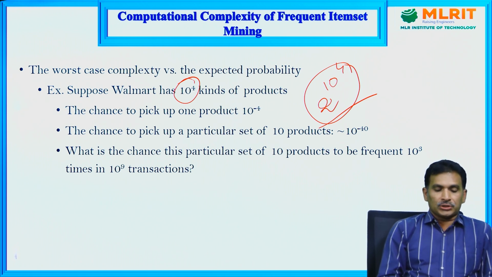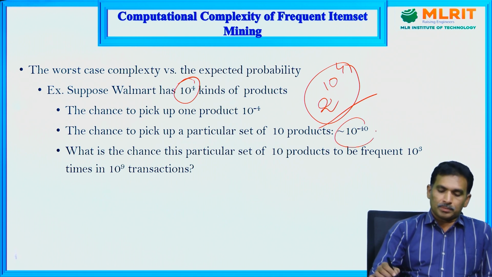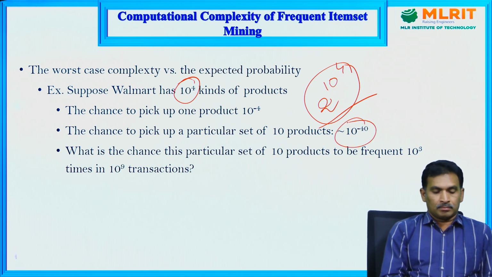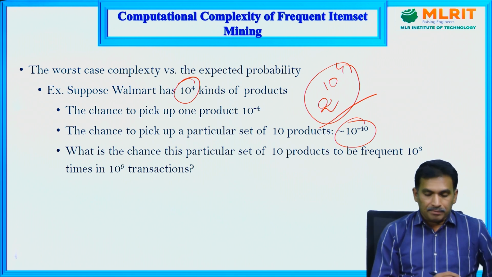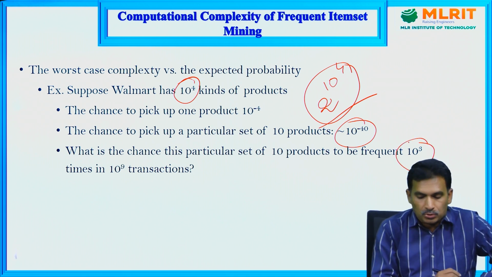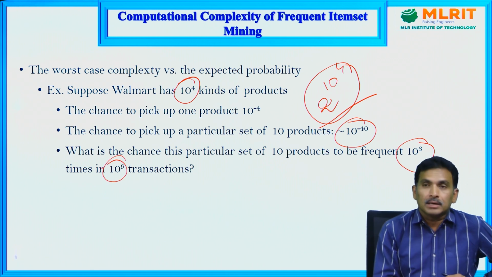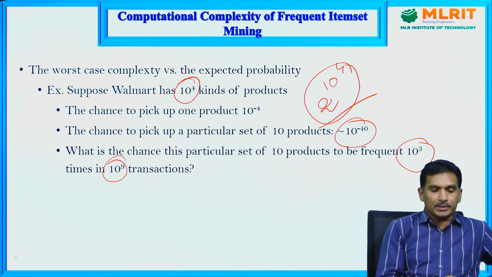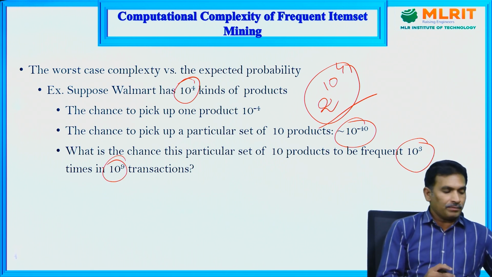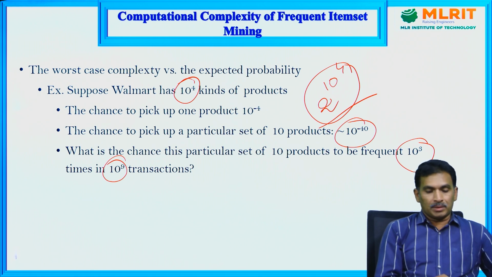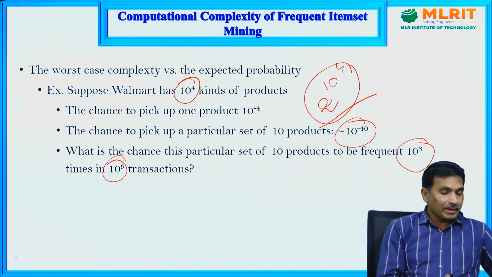The chance to pick up a particular set of 10 products is 10 to the power of 40. And what is the chance for this particular set of 10 products to be frequent? That is 10 to the power of 3 times in 10 to the power of 9 transactions. This is the complexity, when we set the minimum support threshold value very low.